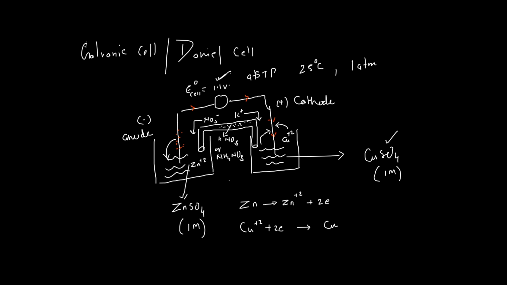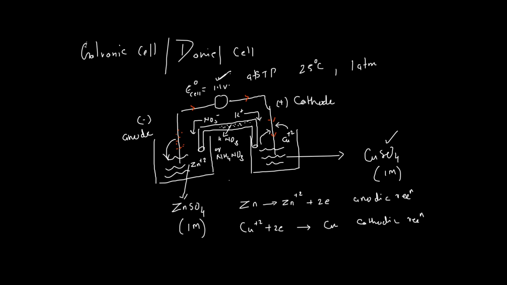Whatever reaction is happening in the left-side container is called the half cell equation, or half cell reaction, or anodic reaction. Zinc is getting oxidized in the anodic compartment, so this is the anodic half cell equation. The copper is getting deposited on the electrode; that is called the cathodic half cell reaction.